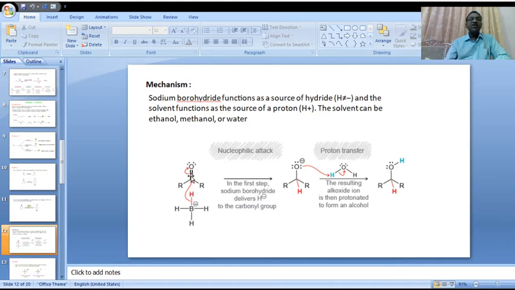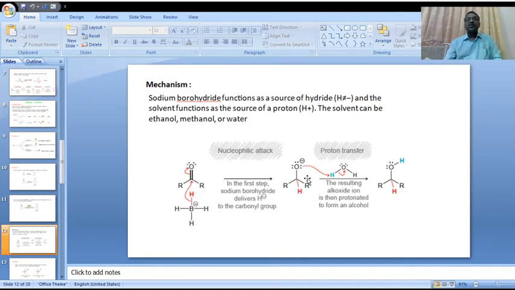Immediately this pi bond cleaves and oxygen gets a negative charge. That H minus nucleophile attacks on carbonyl carbon. Here we are representing the new substituent with a red color.